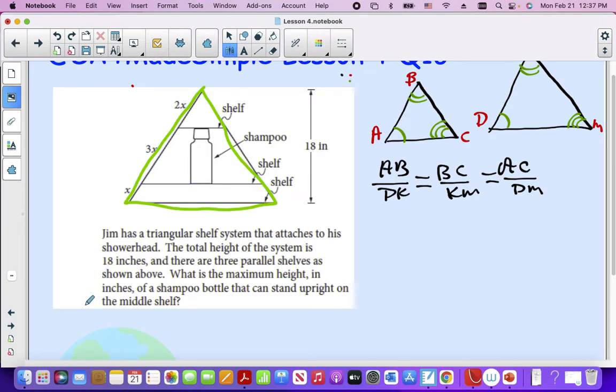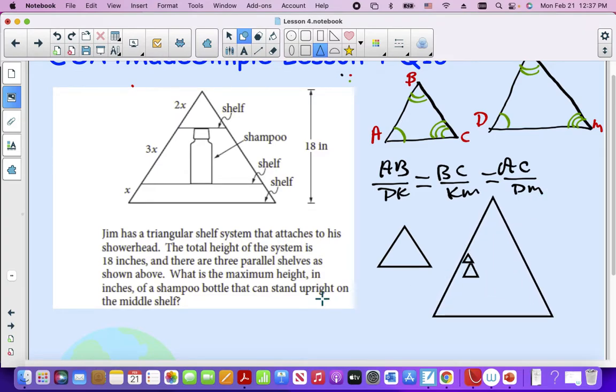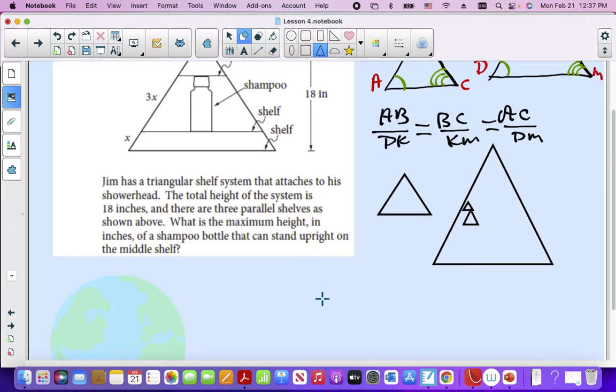All right, let me draw these three triangles so we can have a better view. Here is the small, here is the large one, and here is the middle one. Let me just get rid of these.